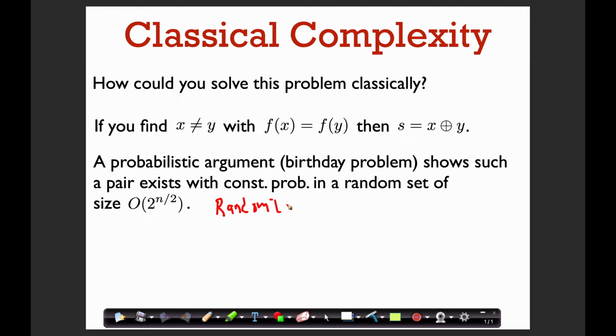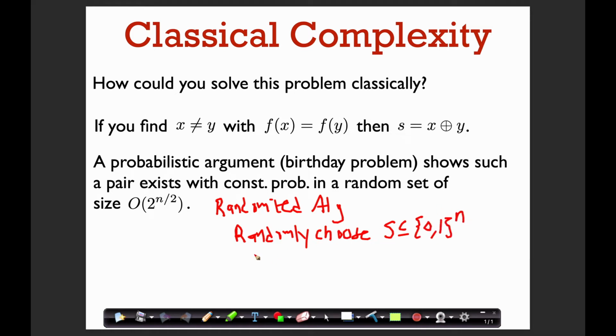We randomly choose a subset S of {0,1}^n, and then we query f of x for each x in S. Our hope is that there's some x and y in S such that f of x equals f of y. And then, by this argument, we're done.